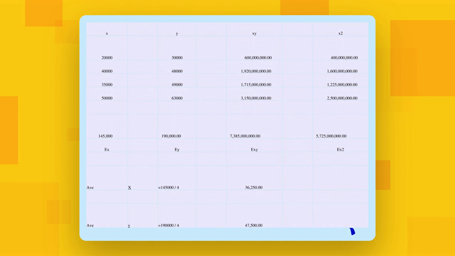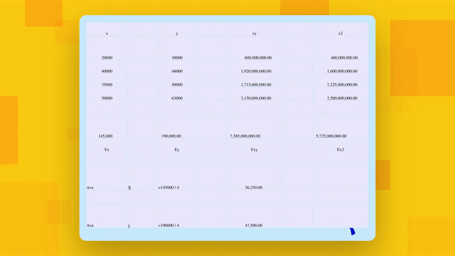Then 35,000 times 49,000, you have 1,715 million. You also have 50,000 times 63,000, which is 3.1 billion. That would be your XY. Just add all, and that would be the summation of XY.